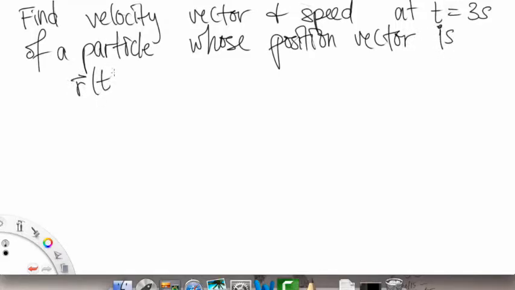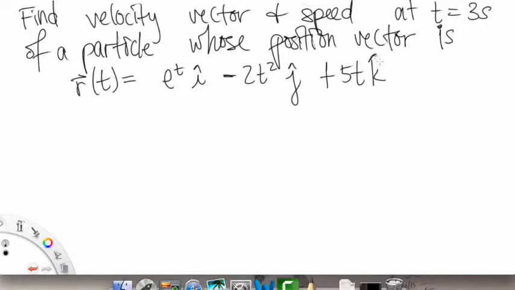We have r of t is equal to e to the t times i hat minus 2t squared times j hat, and then plus 5t times k hat.